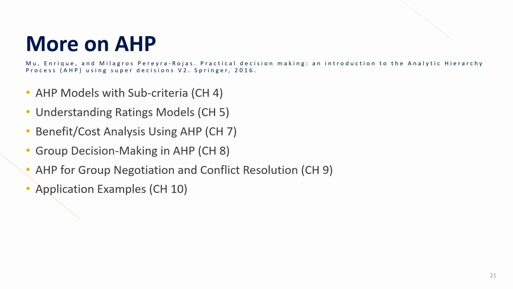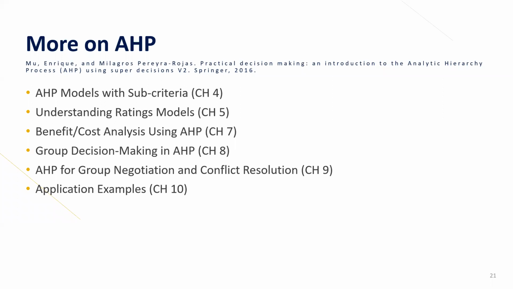And perhaps another important topic about AHP is that the decision is most often created or taken by a group of individuals. So how do you address that? In chapter 8, this book discusses how group decision making can be conducted in AHP.